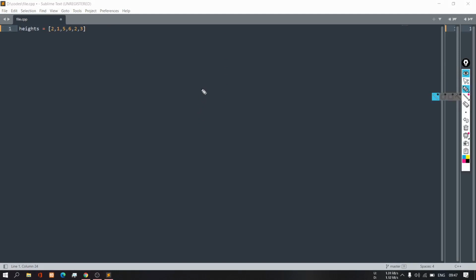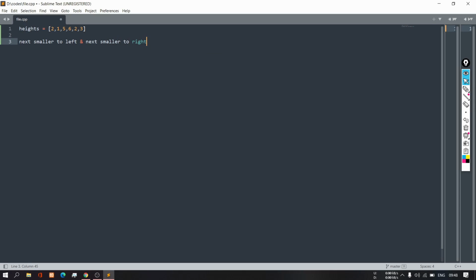Now here there are some prerequisites. You should know how to find the next smaller to left and next smaller to right.